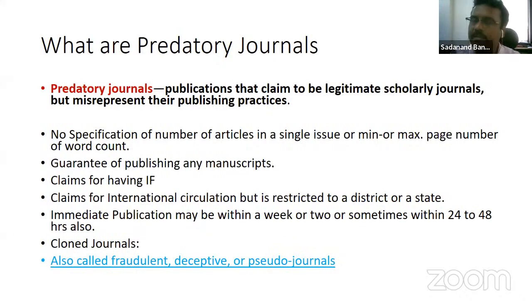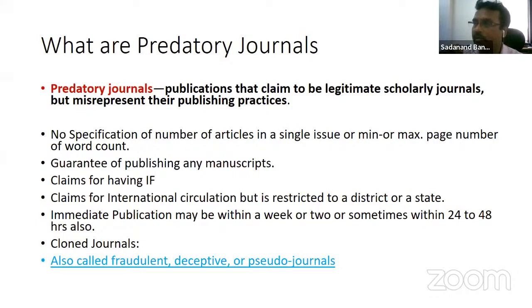These journals do not undergo any peer review process, even though they highlight on their title and cover page that it is a peer reviewed, international journal. But that is not the case. Completing the entire review process within one day or within a week is not possible for any journal.